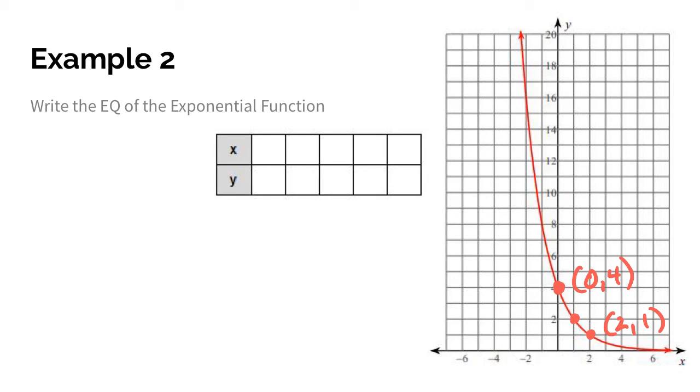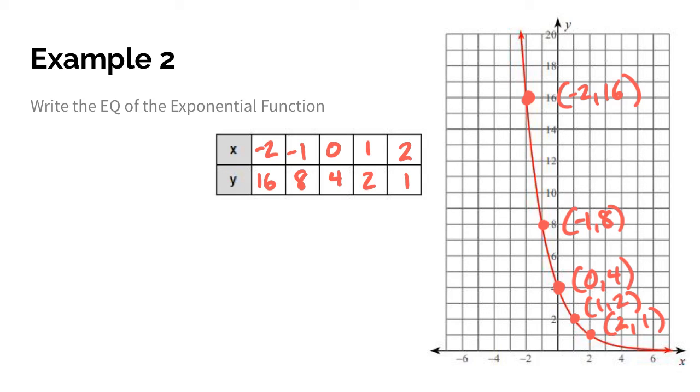Heck, I even see a point right there at 1, 2. I see a point here at negative 1, 8. And right there at negative 2, 16. So if I were to plot these points in my table, I have negative 2, 16, negative 1, 8, 0, 4, 1, 2, and 2, 1.